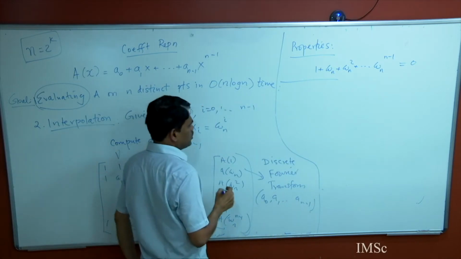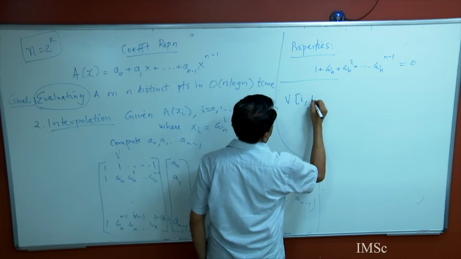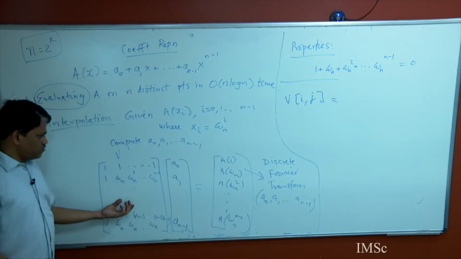So what is V_ij, the ijth entry of this matrix?